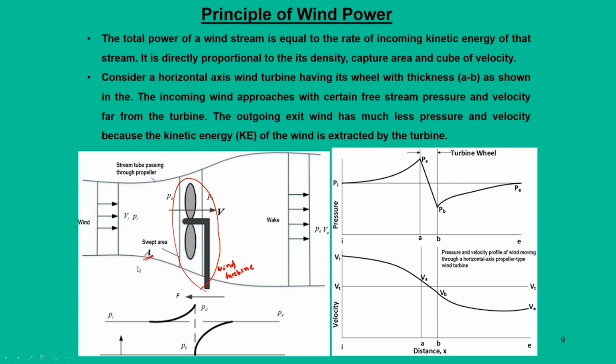That means we are capturing the wind which is available at any geographical location. Based on the area which is perpendicular to the wind direction, we call this the swept area, and considering this area, we can imagine a stream tube passing through these turbines or propeller.